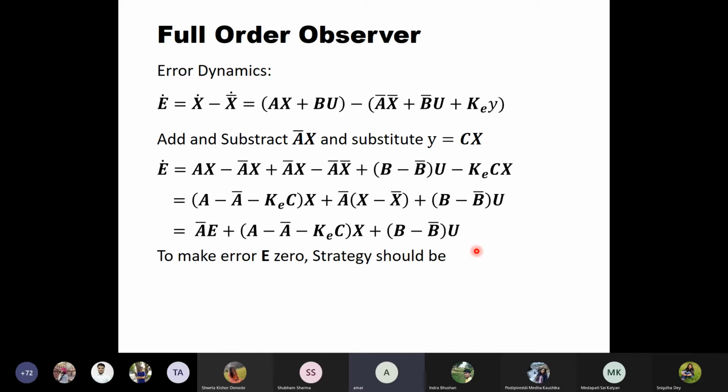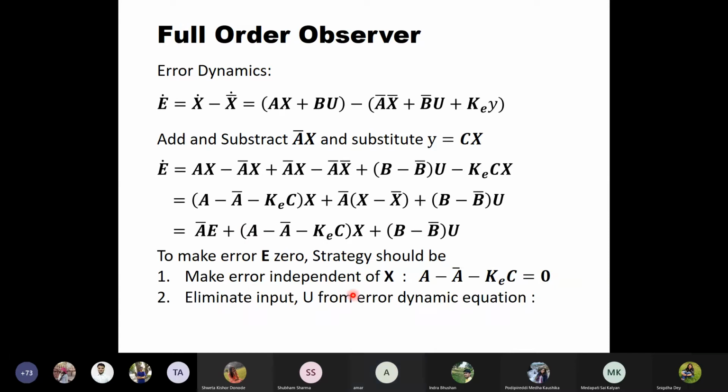Now to make the error e zero, the strategy should be to make the error independent of x. So the first thing is that in this equation the error should be independent of x, which means this term should equal 0, and the error should also be independent of u. Whatever changes there are in u, the error should not depend on that.